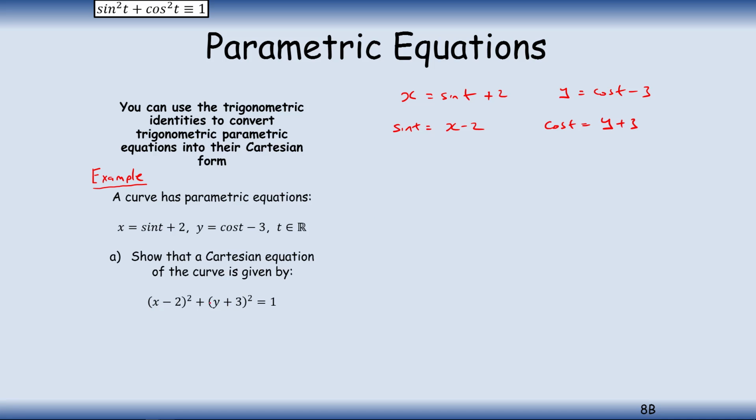So x minus 2 and y plus 3, and they're squared. Interesting that that's popped up as well: sine squared t plus cos squared t equals 1. Let's just write that down here.